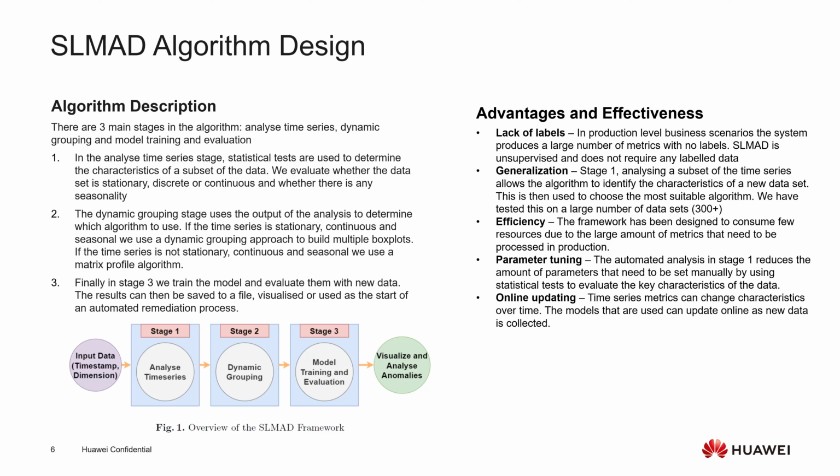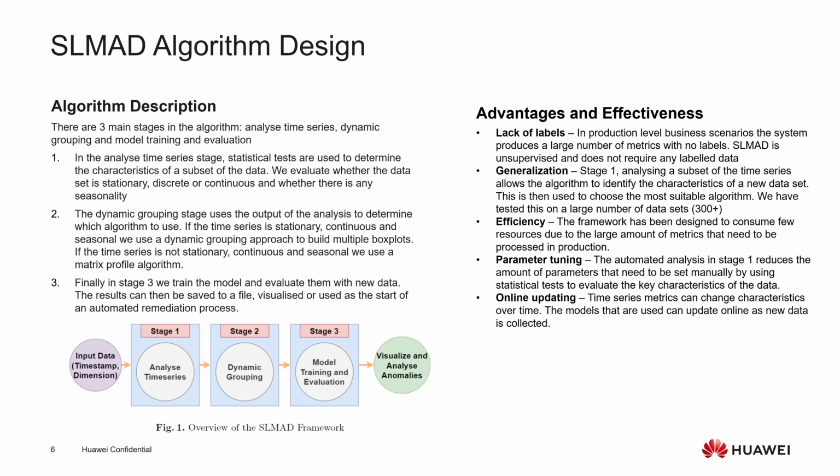So you can see that there's 3 quite distinct stages. In the first stage, we do some analysis on the time series. Then in stage 2, we have this dynamic grouping stage. And finally, in stage 3, we do the model training and evaluation.